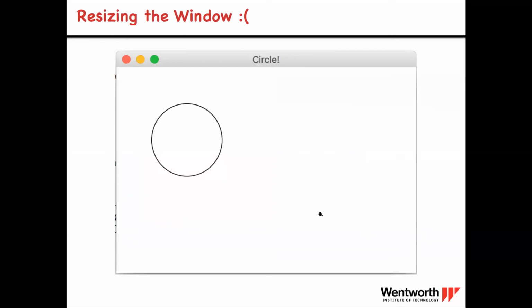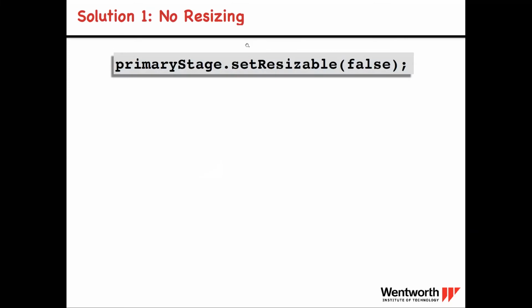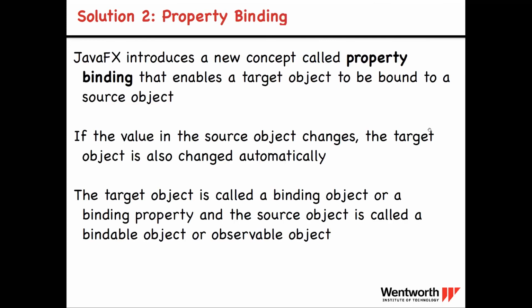But as you saw, if I tried to resize it, it didn't really work too well. So you have a couple options. You can not allow resizing. So you can say primary stage dot set resizable false, and then you won't be able to actually click on the edge of the window and drag it. But one of the things that JavaFX does is it adds this property binding thing. So I'm going to show you what this does with this circle.